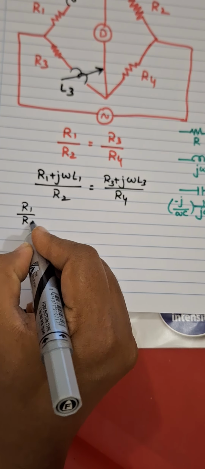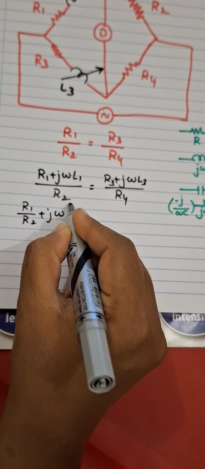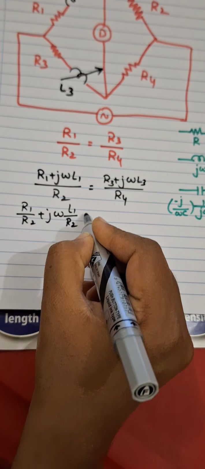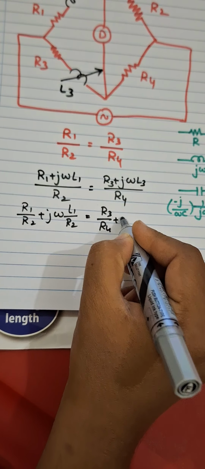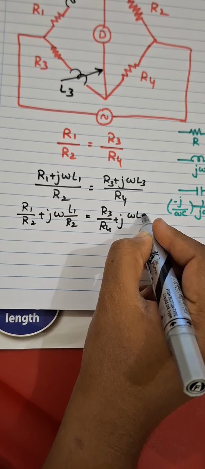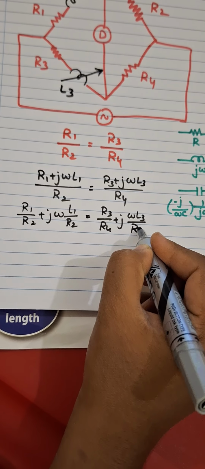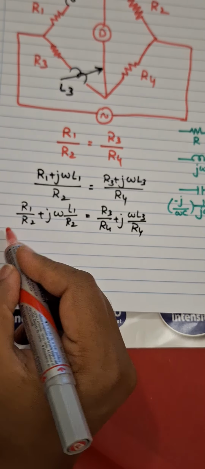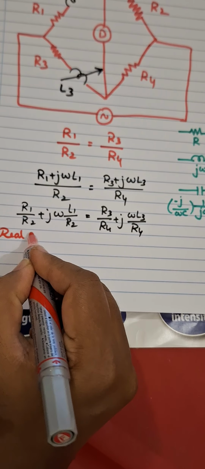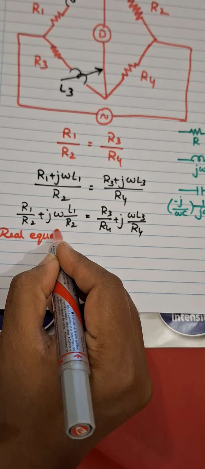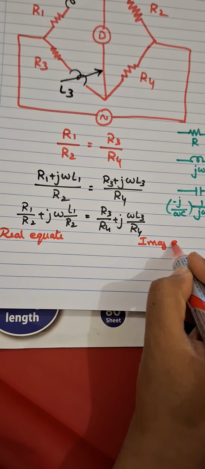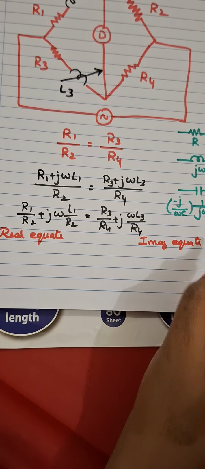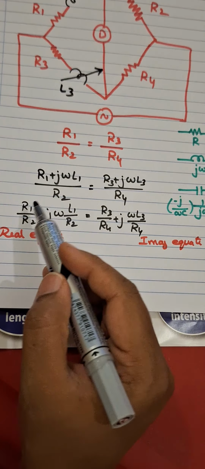R1 by R2 plus j omega L1 by R2 is equals to R3 by R4 plus j omega L3 by R4. So now what I am going to make is, I am going to equate real part and imaginary part. So if you equate the real part, here what is the real part?